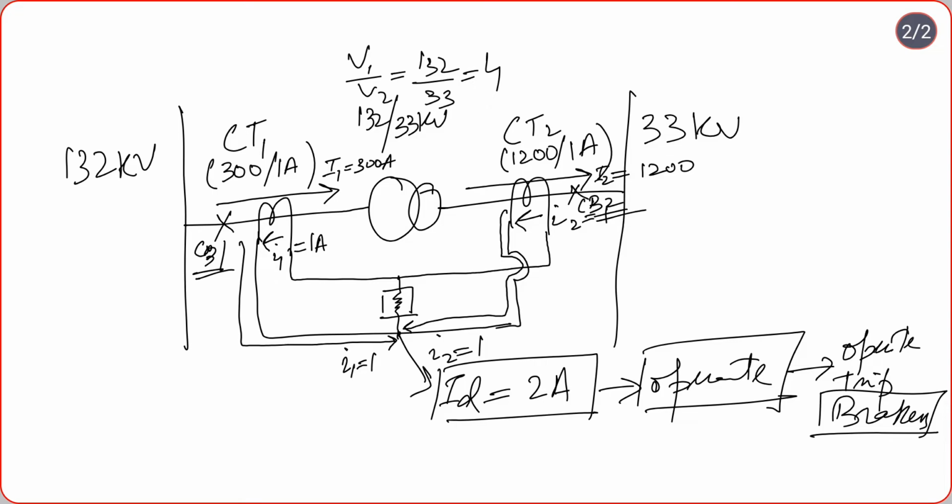So we have to ensure that the connections are done properly, like we have explained earlier. We have to put them in parallel, but we have to ensure the polarity.